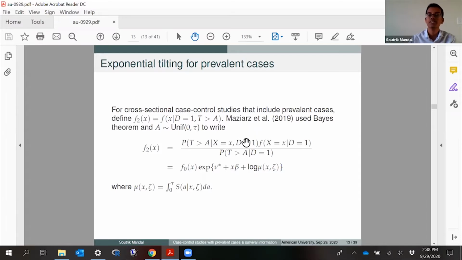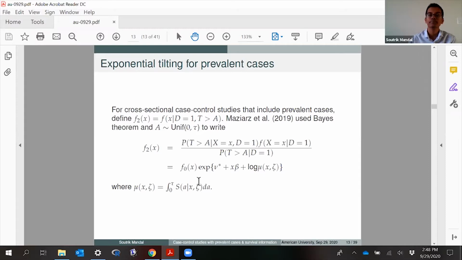And Mazières used Bayes theorem again, as well as the fact that the backward time follows a uniform distribution, to write this f2(x) in terms of the exposure distribution for controls, f0(x). And again, you see the remaining term is an exponential term, which is why this is again an exponential tilting term. However, this is a different exponential tilting term compared to the incident cases.